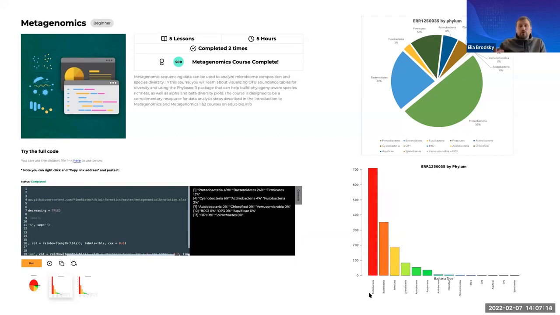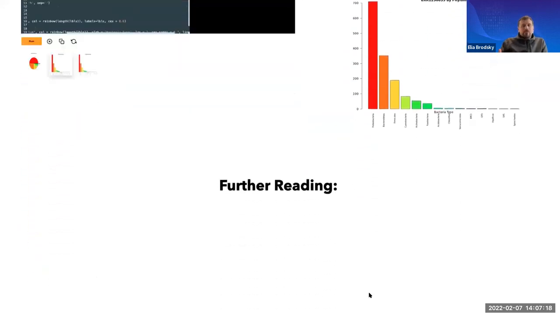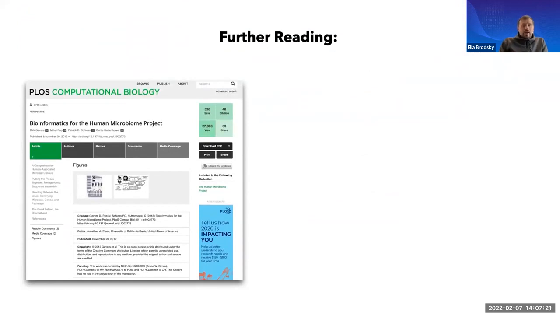Now, what do you do moving forward? So I recommend several different publications that you can go through to kind of get started moving further into this field of metagenomics. There's a good review of the Human Microbiome Project, which contains a lot of 16S ribosomal RNA data used in a variety of studies.